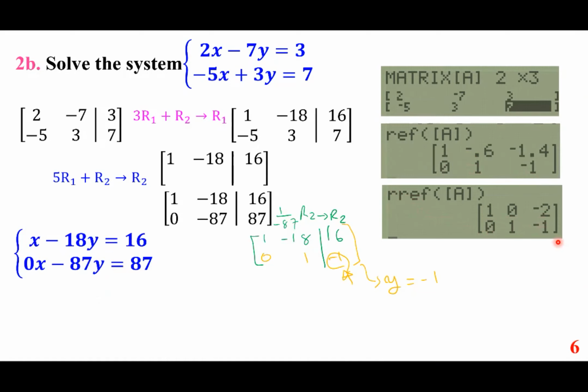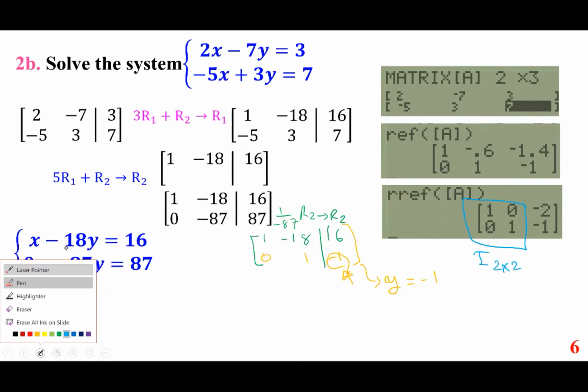It gives you actually the solution because this is an identity matrix of 2 by 2. Therefore, the answer is just looking at you. x is -2, y is -1.